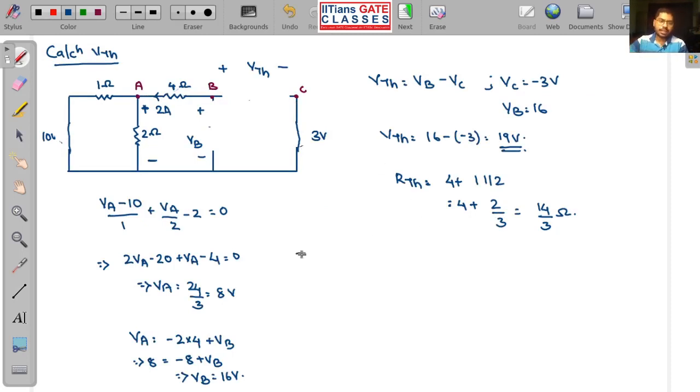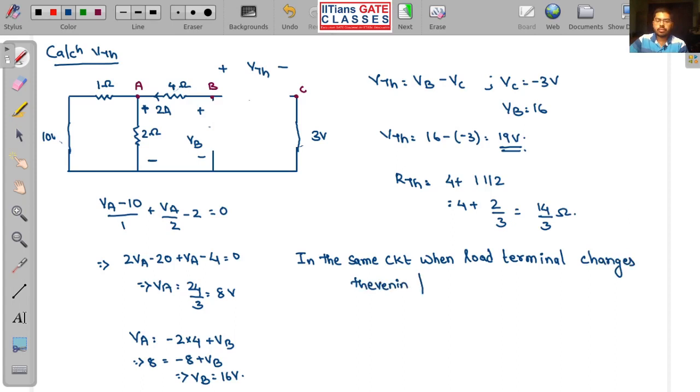So whenever in the same circuit the load terminal changes, Thevenin parameters also change. Okay, so remember this point, they might ask you.